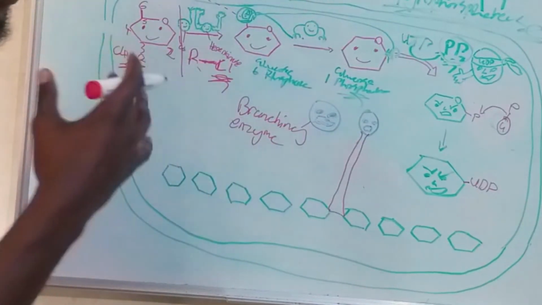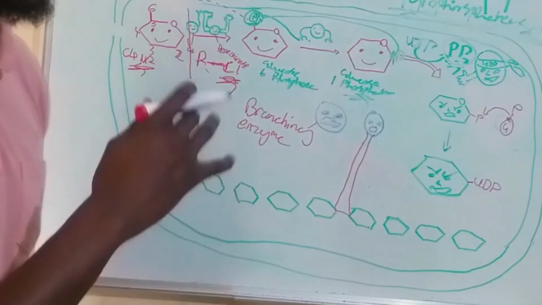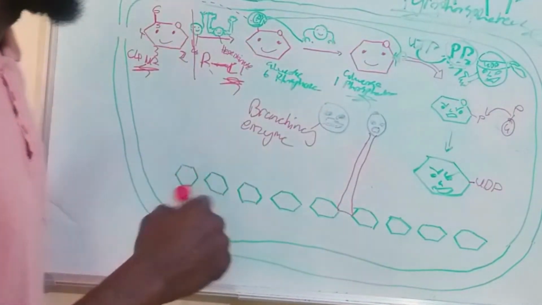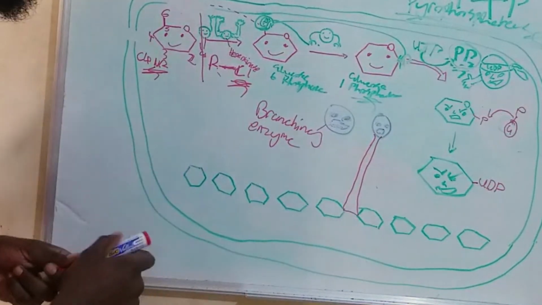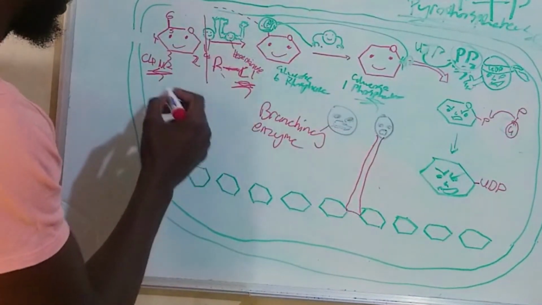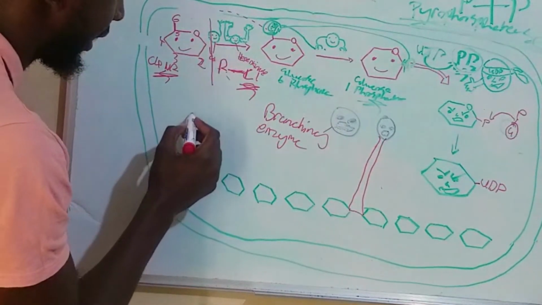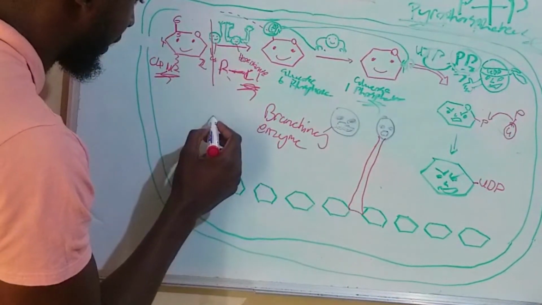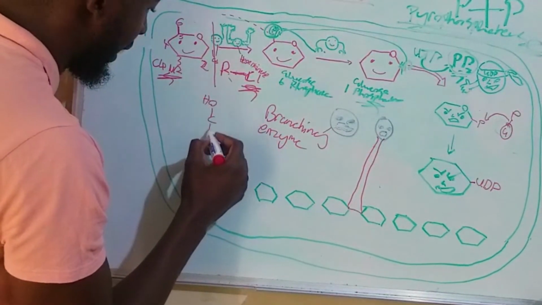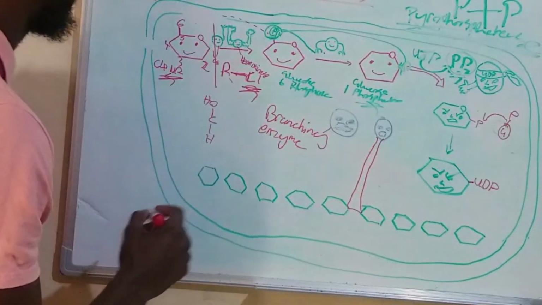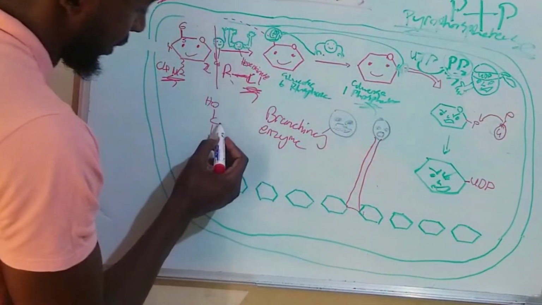But there's another important thing you have to take note about these bonds between glucose and glucose. They are known as glycosidic bonds. But there's another important thing you have to take note. The way the glucose is arranged at this point in time: at carbon number 1 here, there's a carbon attached to an OH and an H, right?